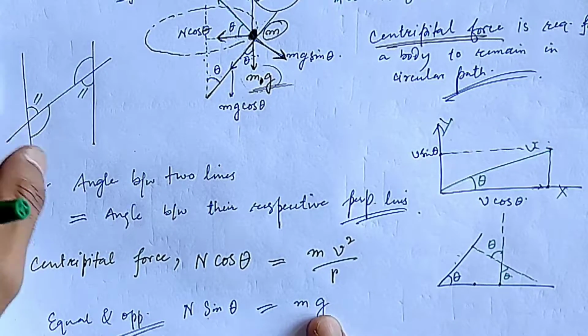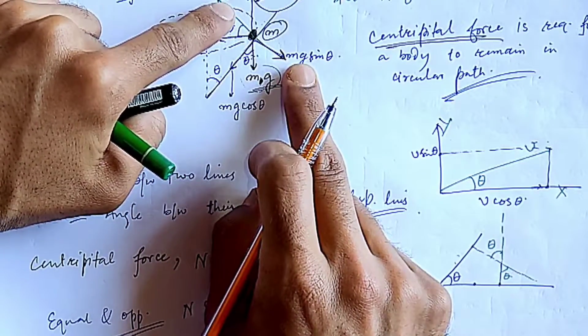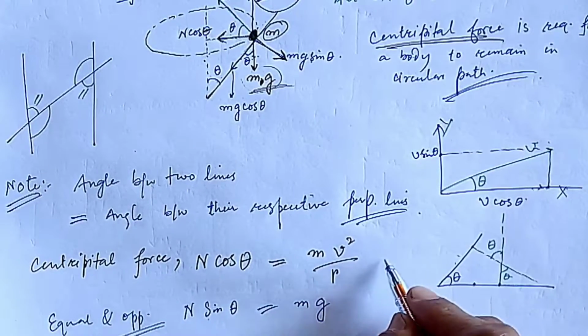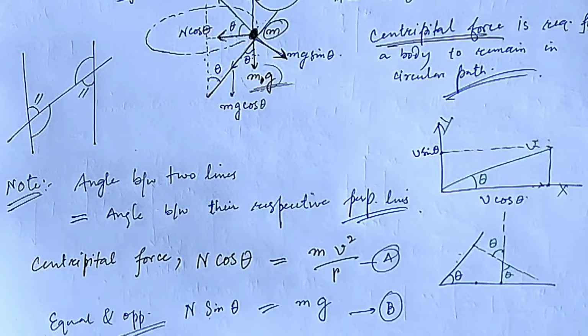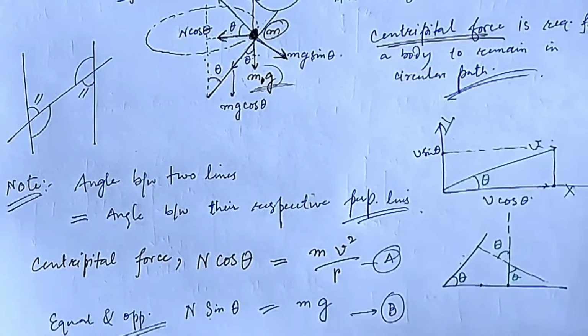Fine. Similarly, these two will be cancelling out each other, but we need only these two equations, a and b. So dividing, we divide equation b by equation a.